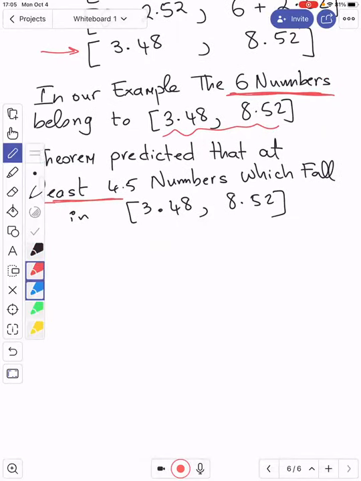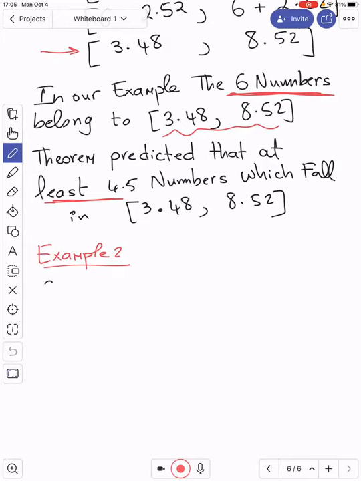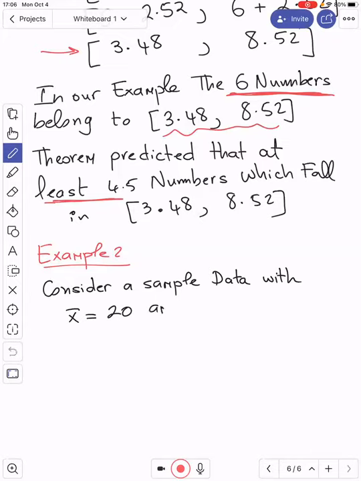Okay, so example number 2. Let's say we consider a sample data with x bar equal to 20, and the standard deviation s equal to 2.